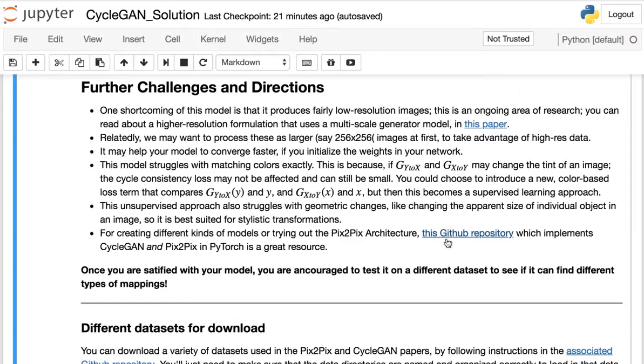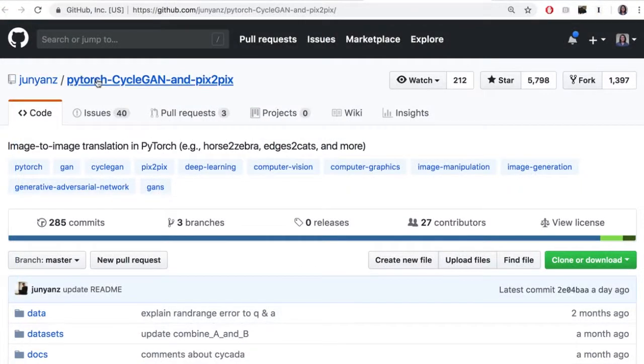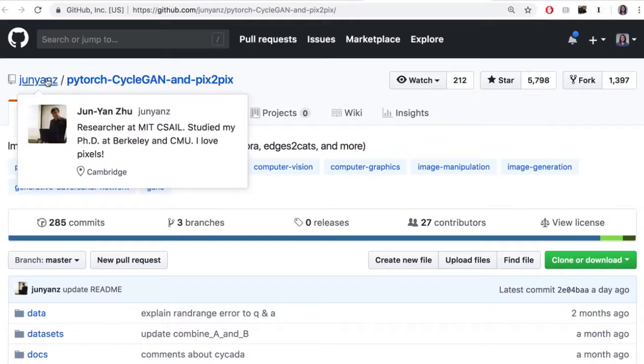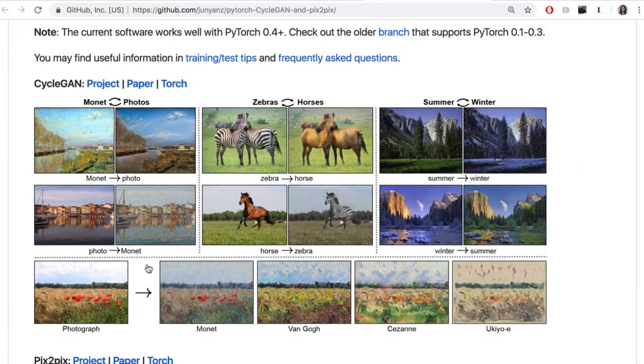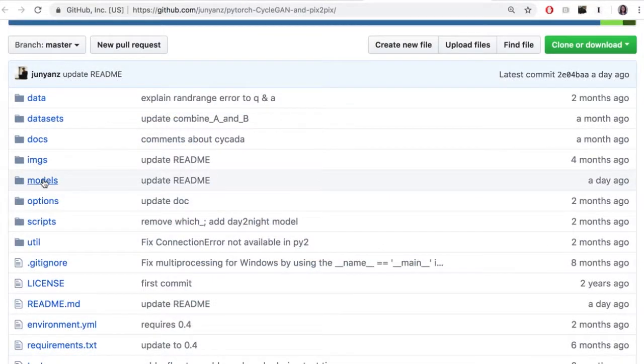Speaking of which, my favorite resource is the GitHub repository for Pix2Pix and CycleGAN formulations. These models were implemented in PyTorch, and this repository belongs to Junyan Zhu. This is a great resource to use because it uses other datasets and shows you results. You can also look directly at the model code and read it and try to replicate it.